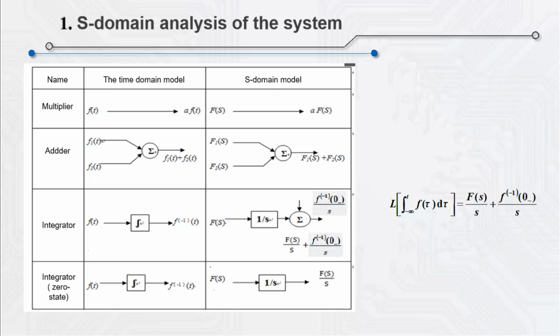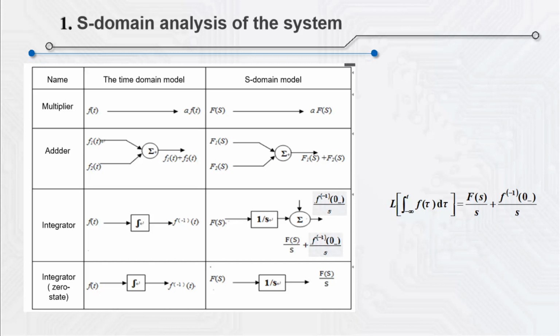First, look at the number multiplier according to linear characteristics. The number multiplier in the time domain is also the number multiplier in the S-domain. That is, F(s) becomes aF(s). Then look at the adder.